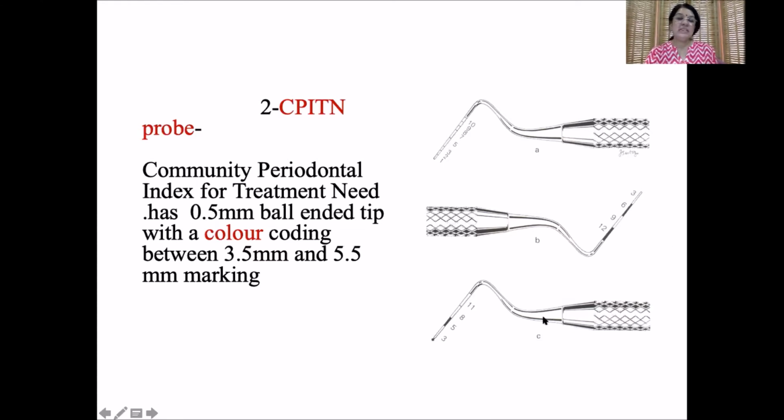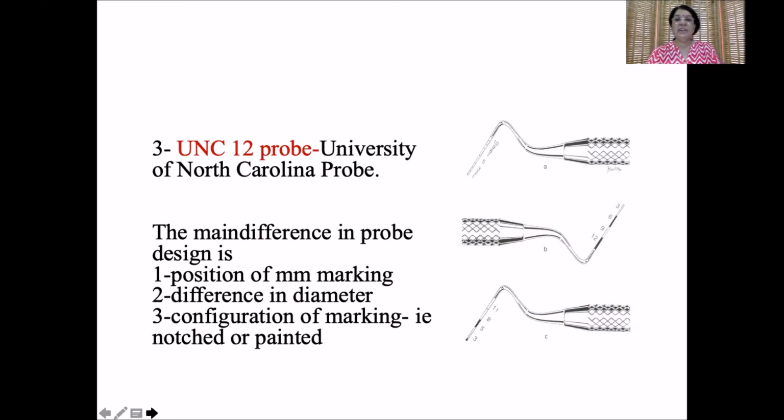All these things have been done so that we can easily detect. Every time you should not take the probe, put a marking there and then measure it on the scale. It is very difficult to do it when you are working in the clinics. So here all the markings are present on the probe end.